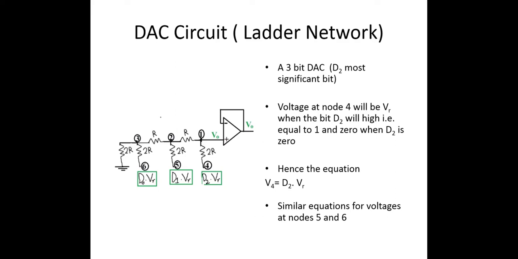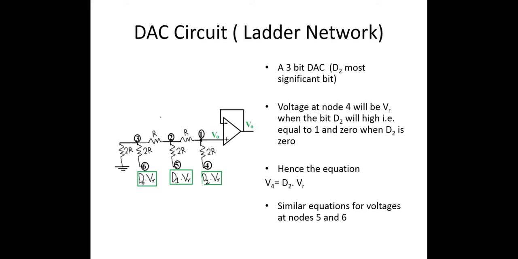So how do the voltages at these nodes relate to the binary input? These nodes are connected to the input signal, which is a digital signal, in such a manner that the node voltage is either VR or 0.